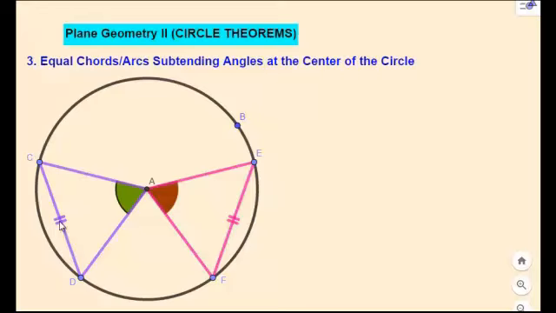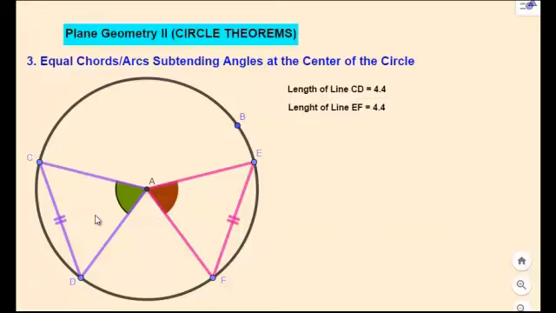We can see each of them having two strokes on the line, meaning that these two chords, CD and EF, are equal. Let us look at the value of these lines. Line CD is equal to 4.4 and line EF is also equal to 4.4. So they are equal.